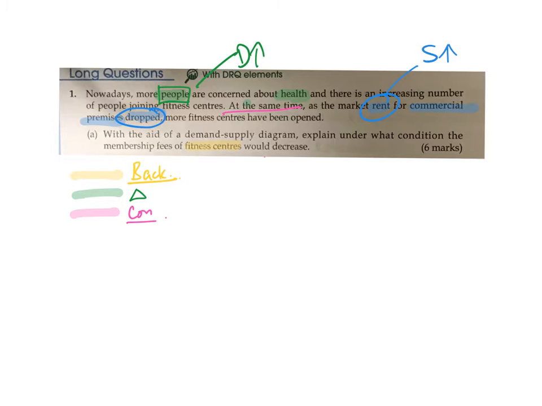Let's check. It asks us to explain under what condition the membership fees will decrease. Membership fees is the price of the fitness center service, and decrease is the result. So after all, we have to understand that demand increases and supply increases.